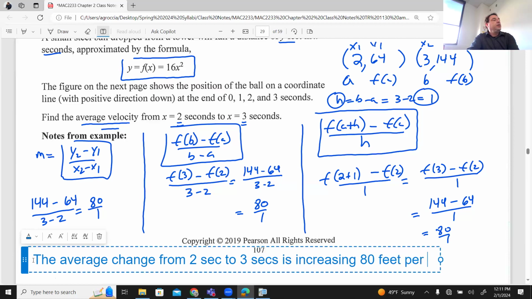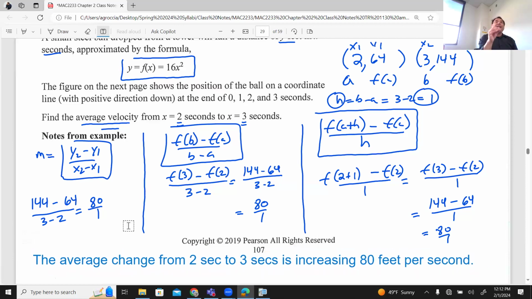Feet per second. The average rate of change from 2 seconds to 3 seconds is 80 feet per second. Again, that's not exactly what's happening. That's happening on average, right? On average, 80 feet per second. So now we can start using this last equation, which is what we need, and understanding it's just slope.